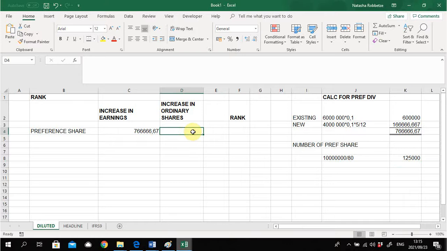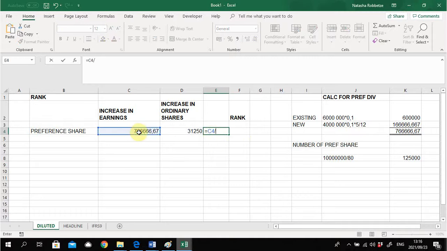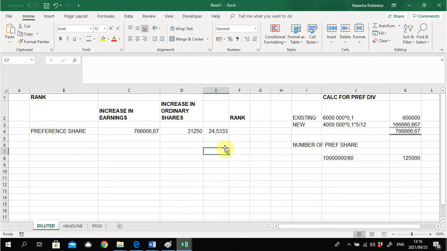So for every 4 preference shares, I would get 1 ordinary share. So it's 125,000 preference shares divided by 4 times 1. And then, of course, I can do the division to get the amount in order to rank it.